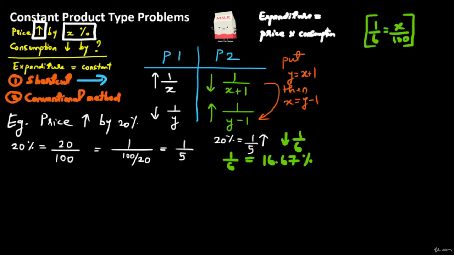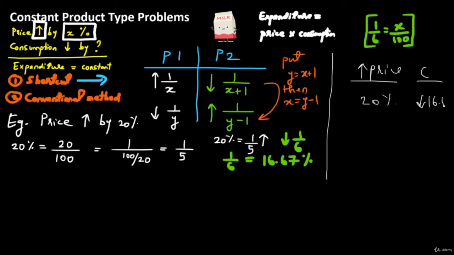and let's also take this case soon. But before that, I want to have a quick side note. Now we have seen that if the price increases by 20%, the consumption has to decrease by 16.67%. So we have seen one method to find this using this approach, right?